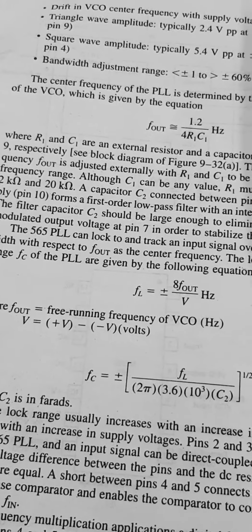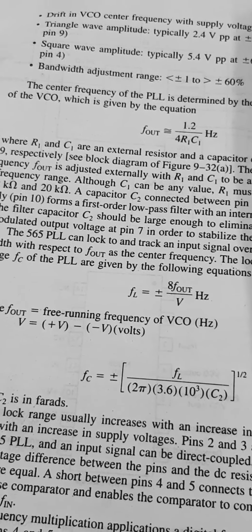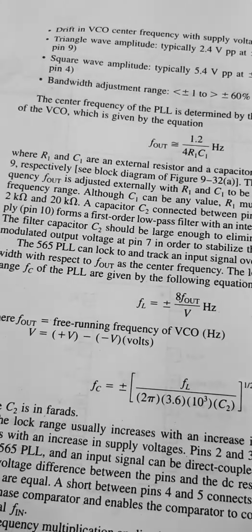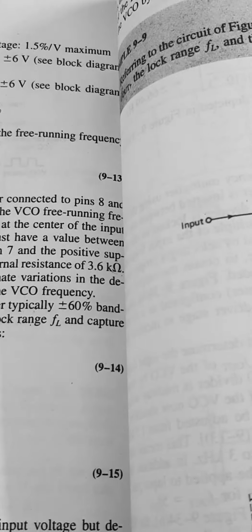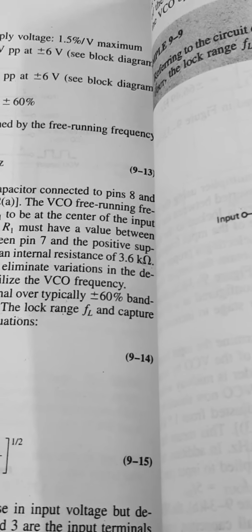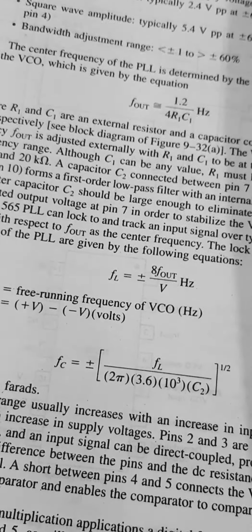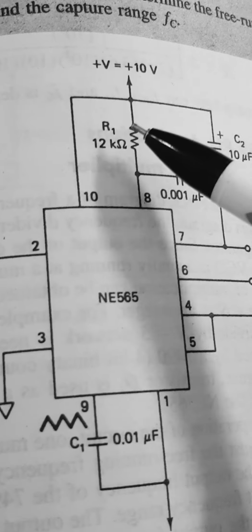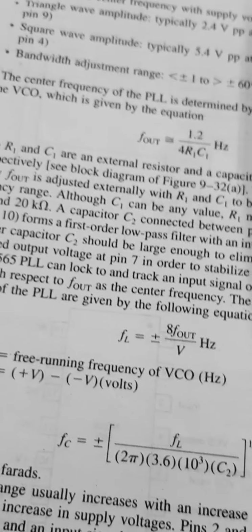Here R1 and C1 are the external resistor and capacitor connected to pin number 8 and 9 respectively. So R1 and C1 decide this.